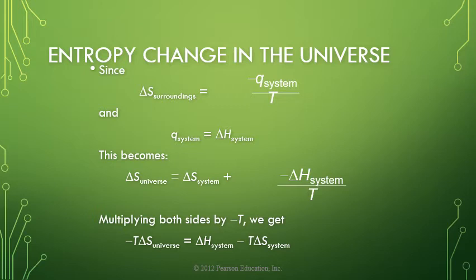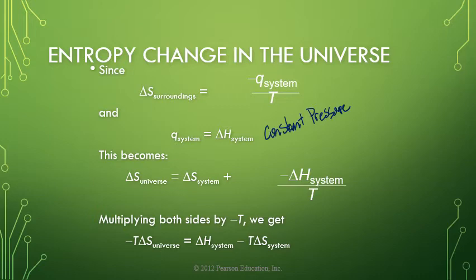And we know that if we have a constant pressure situation, the amount of heat energy Q would be equal to the enthalpy delta H. So we can say that the Q for the system is equal to the delta H for the system.